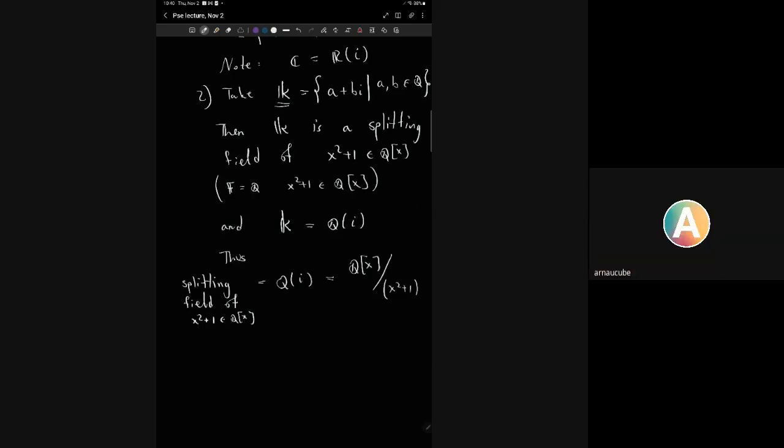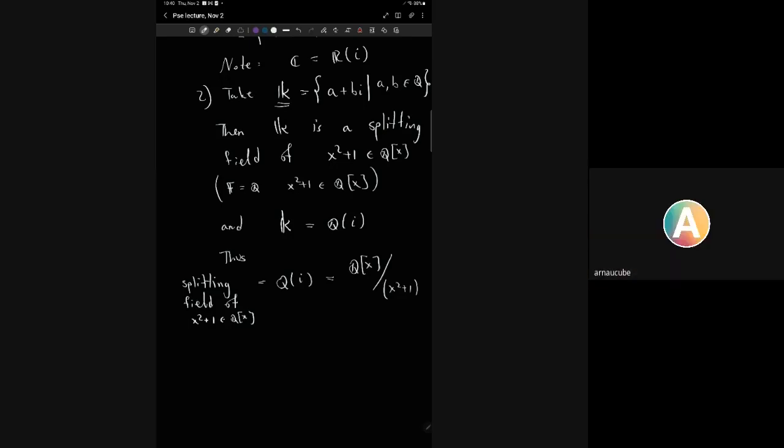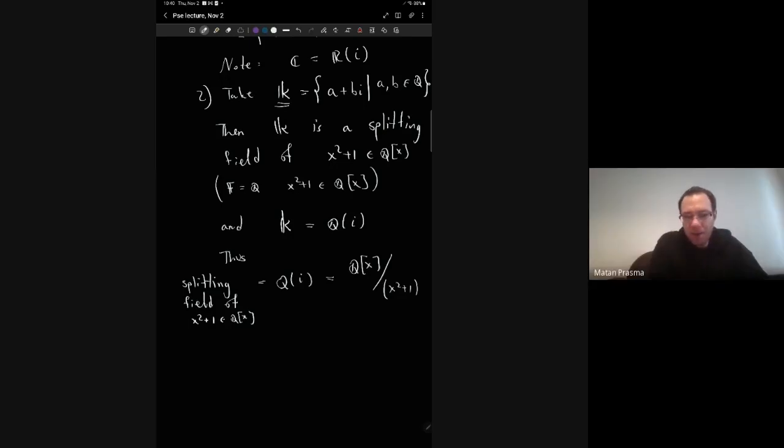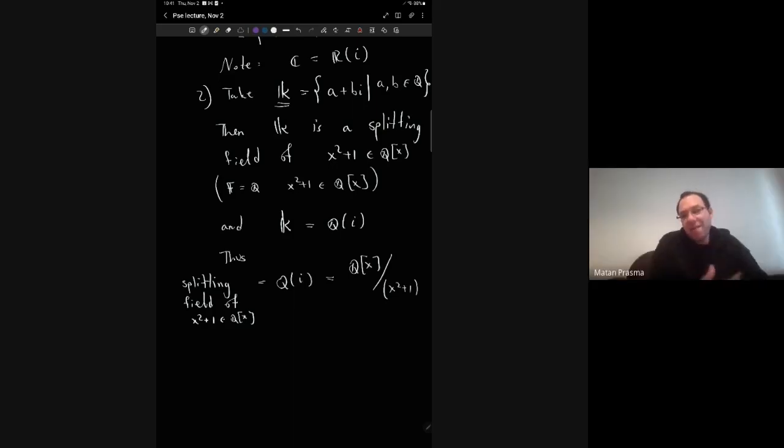I'm a bit confused. What is the relation between splitting field and field extension? A field extension, we did not actually mention that too much, is simply two fields, what we call a subfield inclusion.